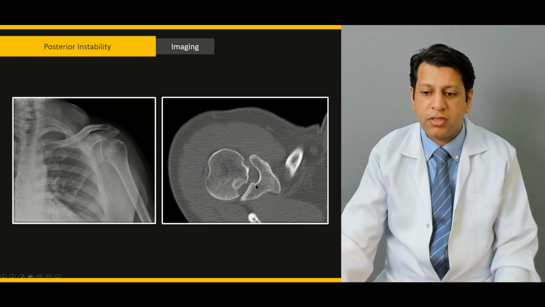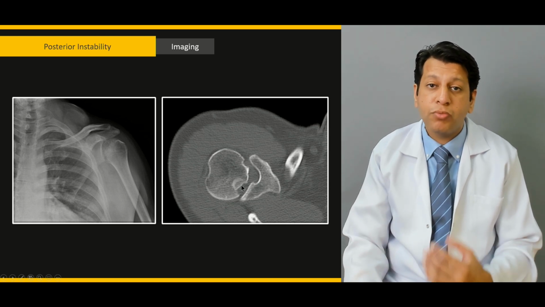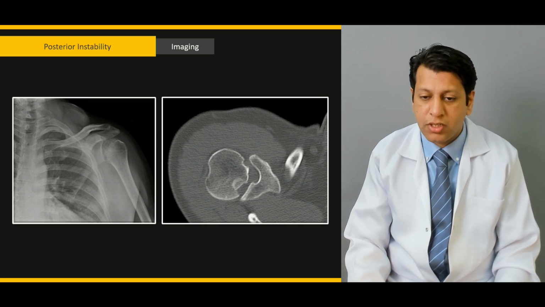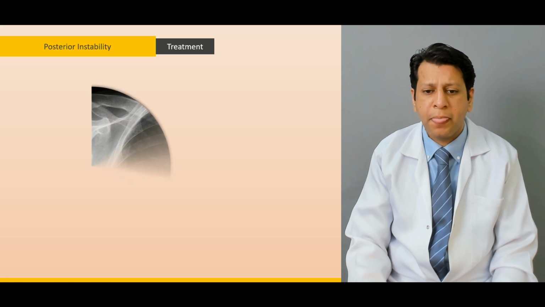Can you appreciate the dent, which is probably due to the traumatic injury in the glenoid articular surface? And over here there is a large articular surface fracture on the anterior aspect of the humerus as well. Now this means there was an acute posterior dislocation which was reduced, but it actually resulted in posterior instability.